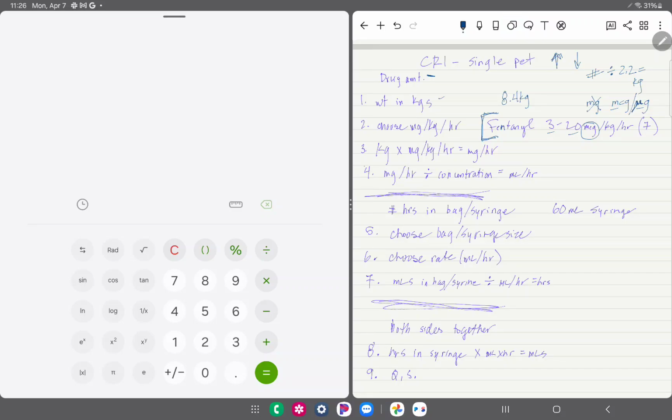So fentanyl is 3 to 20. And usually, if I'm going to start them off in the ICU on something, I need to hit their pain pretty hard. And I'm going to watch them. Obviously, we all do, but if I start at something like 7, a lot of you are probably clenching right now. I get that. That's my own personal opinion to start higher, but I need to overcome the overwhelming pain that most of these animals are in.